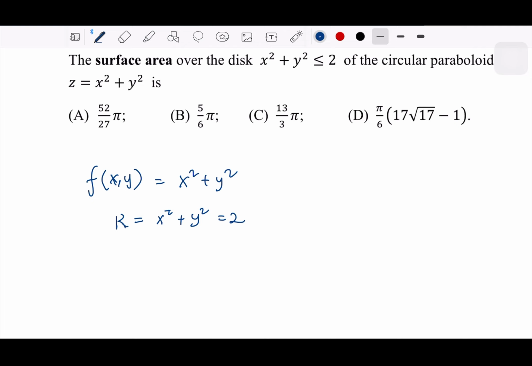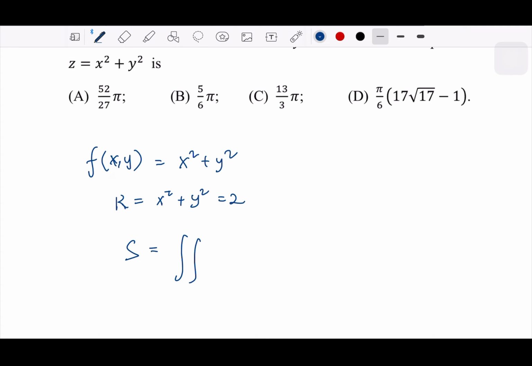You can write the surface area S as the double integral of the square root of partial x squared plus partial y squared plus 1, dx dy.